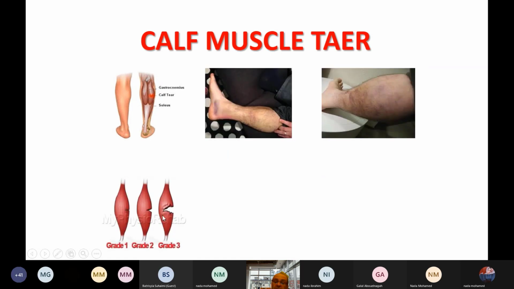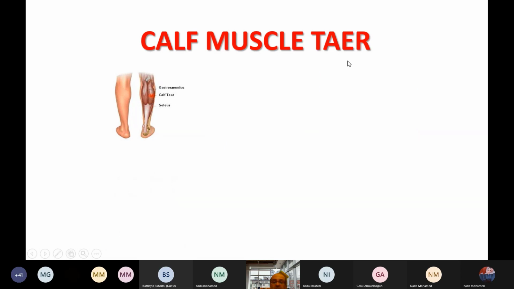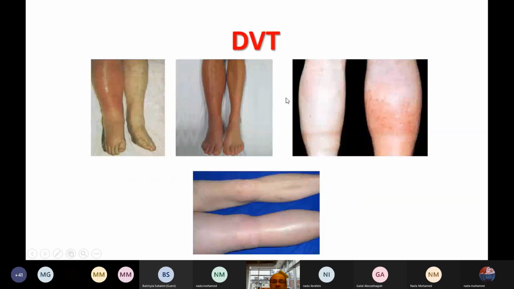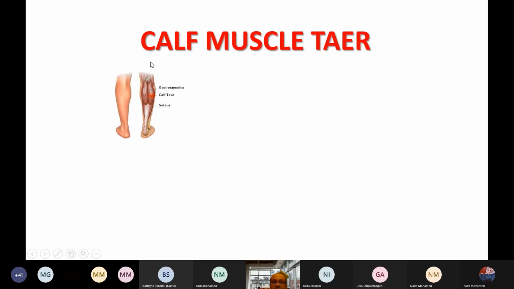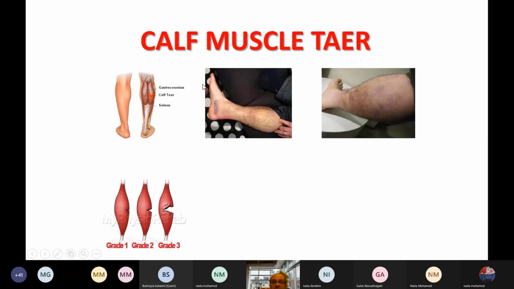It is very, very important and crucial not to start anticoagulation before differentiating calf muscle tear from DVT, because if you think your patient has a DVT and he doesn't, and has a calf muscle tear, and you start anticoagulation, you will end with this disaster.